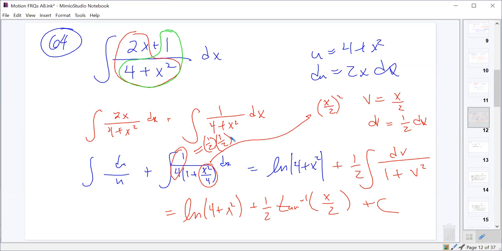One of those 1/2s goes with my dx to become the dv, and the other 1/2 has to stay there. But if you put the 1/4 out in front and add in a 1/2 on the inside and a 2 on the outside, the 2 times the 1/4 will still become that 1/2 on the outside. Same thing.